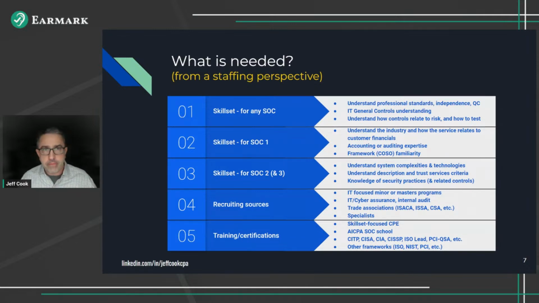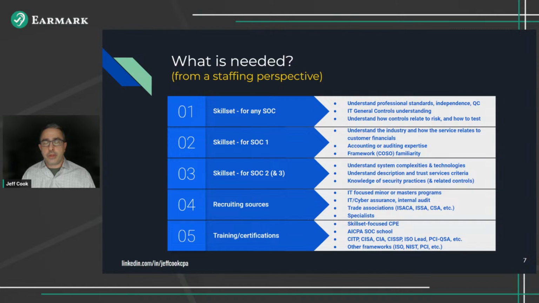Okay, SOC 1. Again, this focuses on internal controls over financial reporting for their customers. You might be able to leverage existing financial audit expertise to provide this, but appropriate competencies are going to include SOC 1 practical experience through training and participation in how these controls relate to financial statements, and understanding client service and industry-specific risks. That's a big one, right?